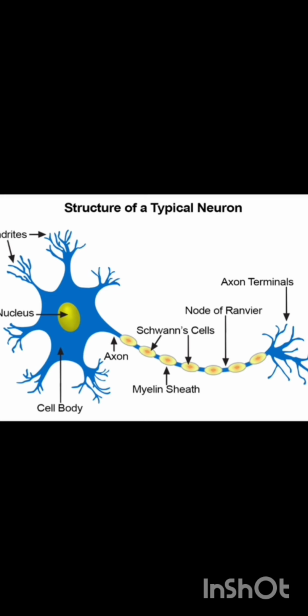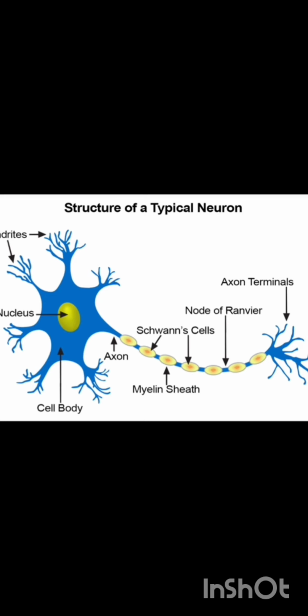Each neuron consists of a cell body or cyton with nucleus and cytoplasm. The dendrons are short and highly branched protoplasmic processes of the cyton. The axon is a single long fiber-like process that develops from the cyton and ends with fine terminal branches.